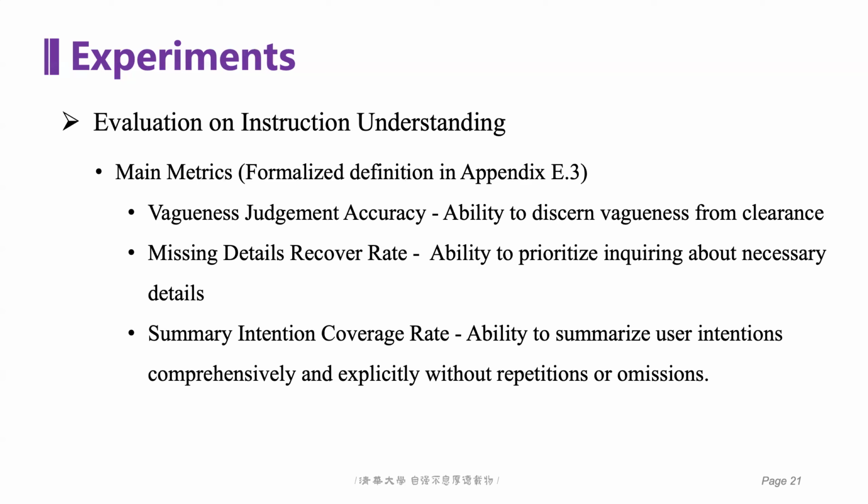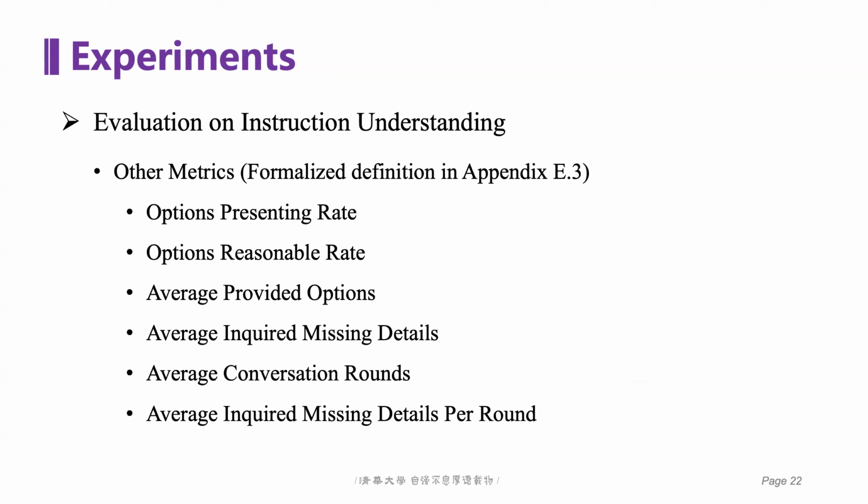Because we want the agent model to have these three abilities, we tailor the three main metrics, respectively related to these three capabilities. And there are some other auxiliary metrics, but we won't talk about them in detail in this presentation.